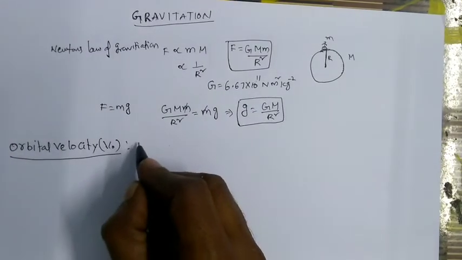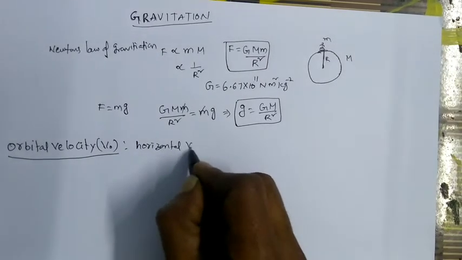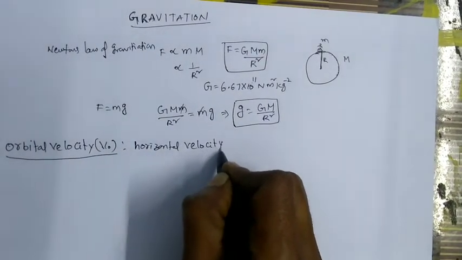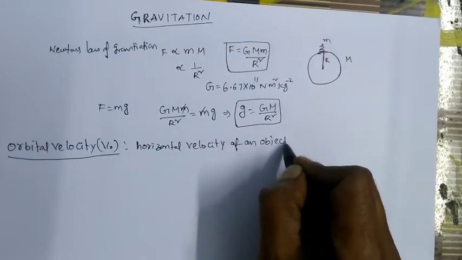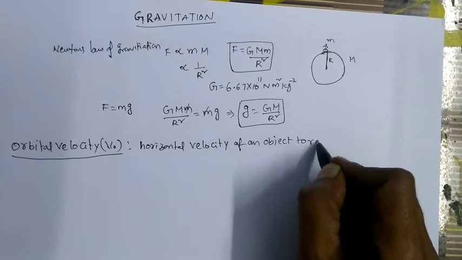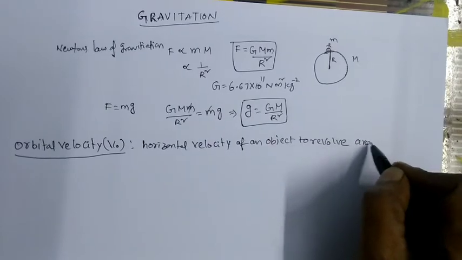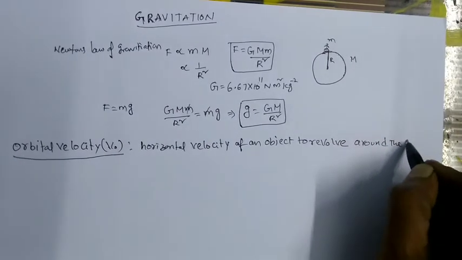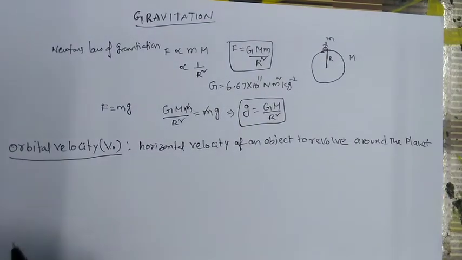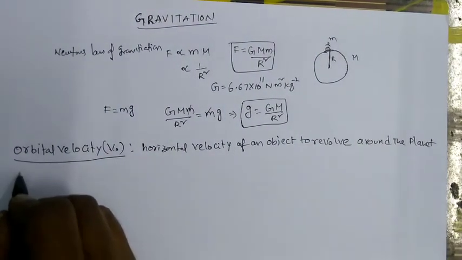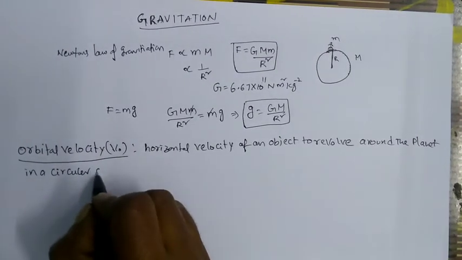Simply, the definition is the horizontal velocity of an object to revolve around the planet in a circular orbit.